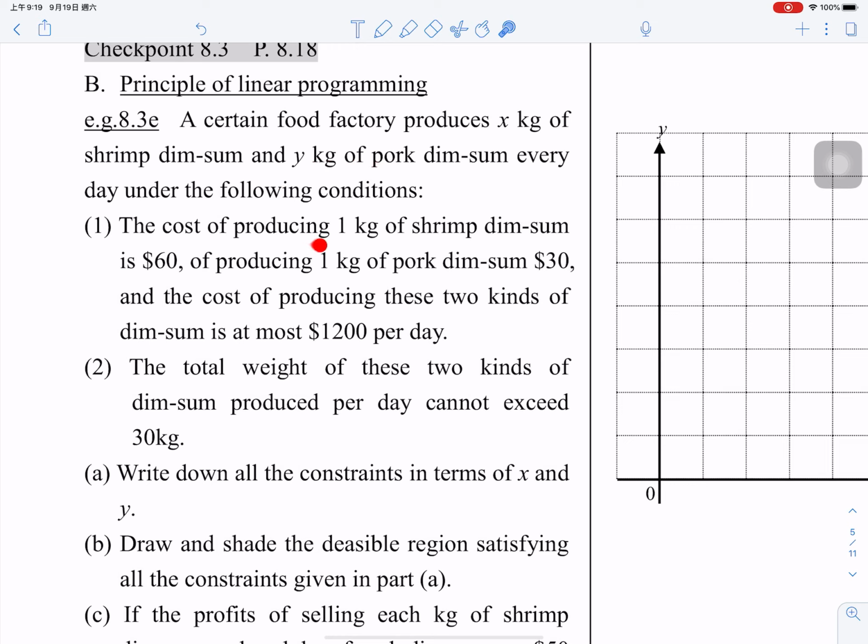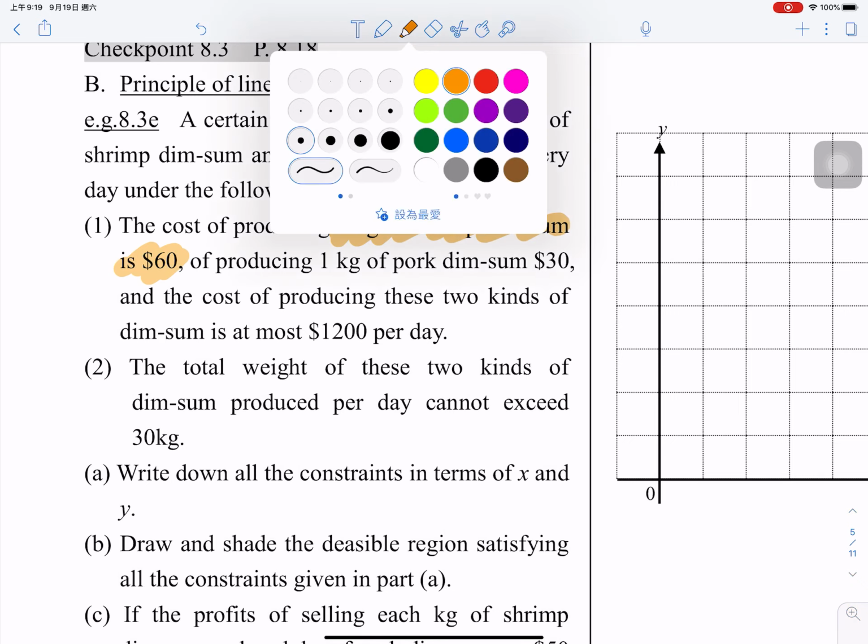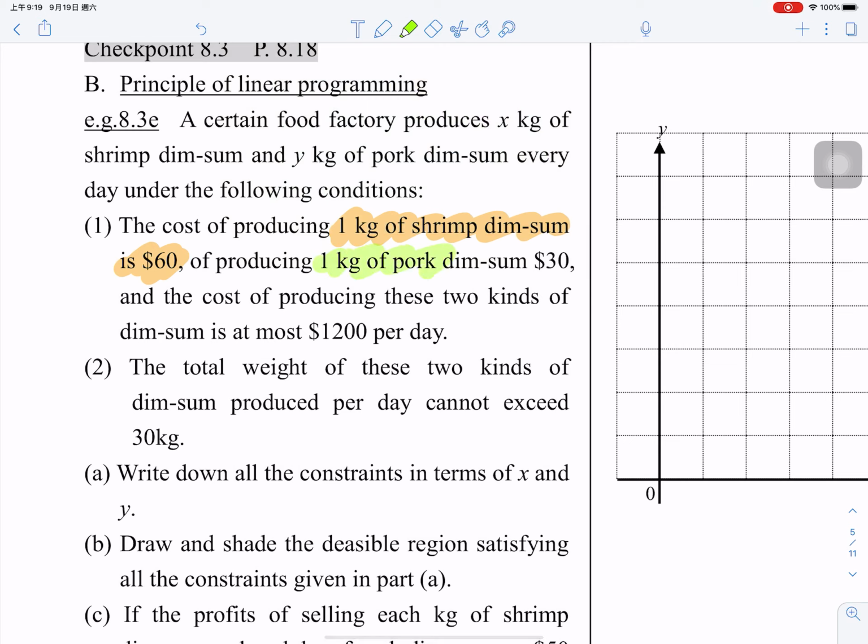The cost of producing 1 kilogram of spring dim sum is $60, and 1 kilogram of pork dim sum is $30. And the cost of producing these two kinds of dim sum is at most $1,200 per day.